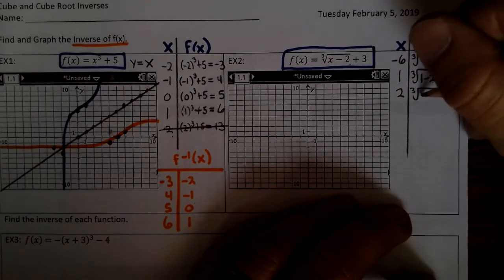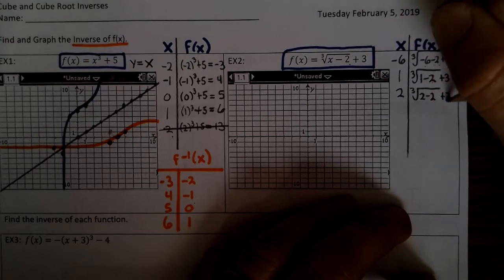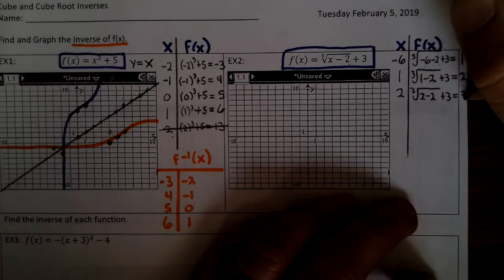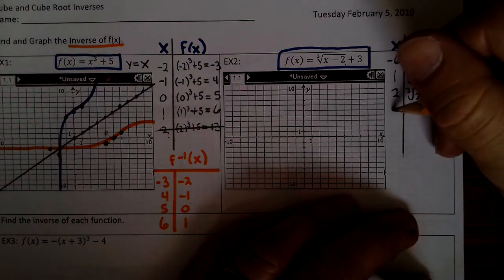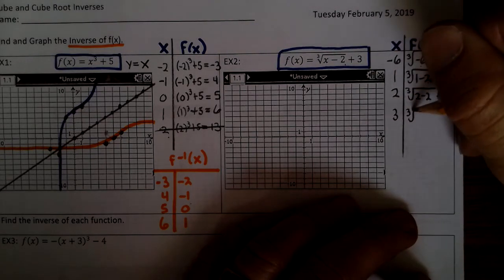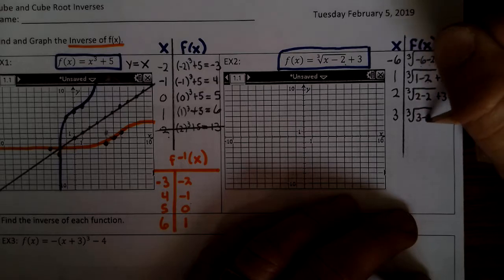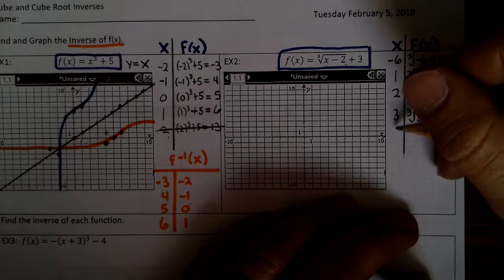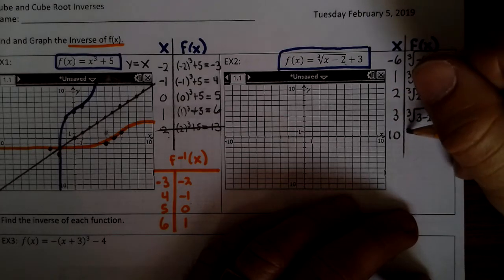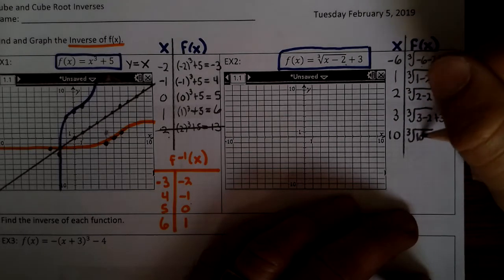That equals 3. And then when x is 3, the value is 4. And when x is 10, cube root of 10 minus 2 plus 3 equals 5.